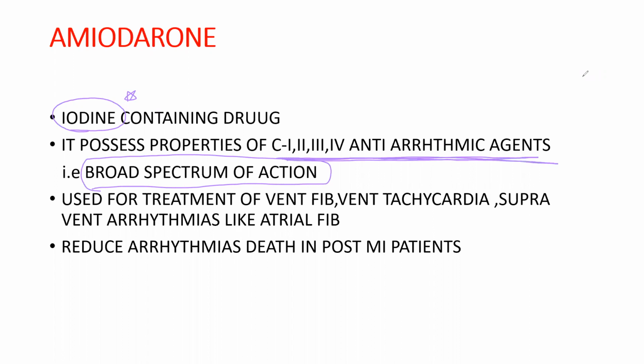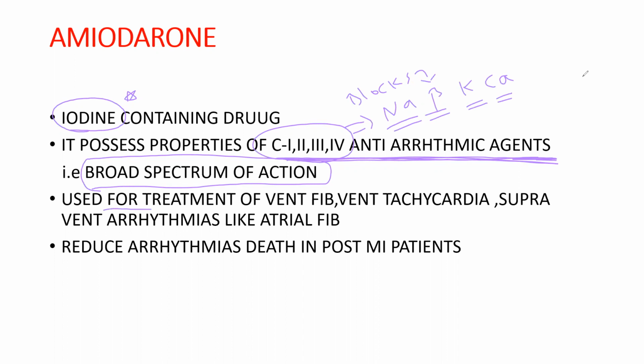That means it doesn't belong only to class 3, it belongs to all classes. It blocks sodium channels, beta receptors, potassium channels, and calcium channels. It blocks every channel. So it has broad spectrum of action.